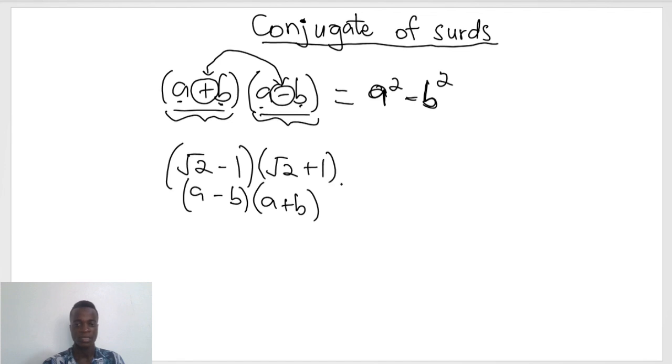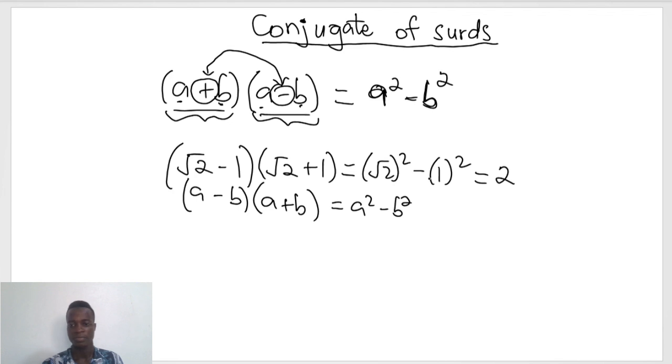The result is a squared minus b squared. Our a is root 2, so root 2 squared minus 1 squared. Root 2 squared is equal to 2, and then minus 1.